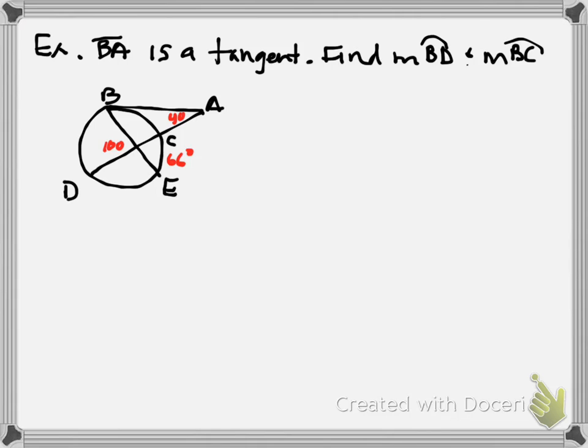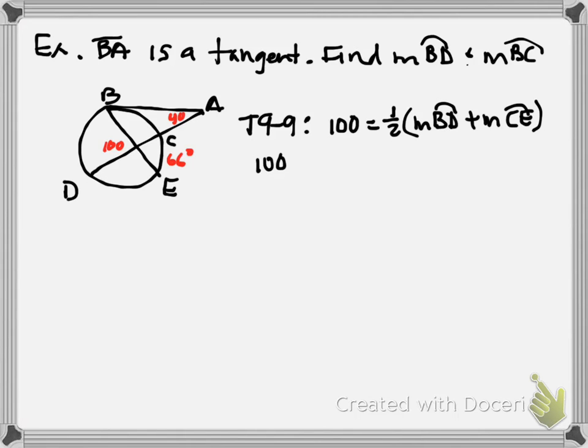So, again, what I have is two scenarios. I have Theorem 9.9 and I have Theorem 9.10 being played out. So let's look at Theorem 9.9. And it says the measure of an angle that's created when you have two intersecting chords inside a circle is equal to half the sum of the intercepting arcs. So that's the measure of arc BD plus the measure of arc CE.